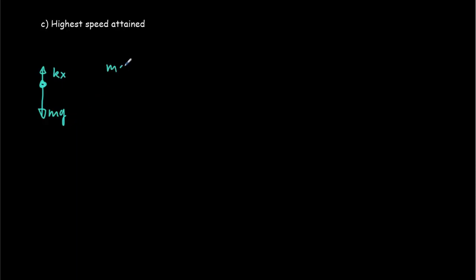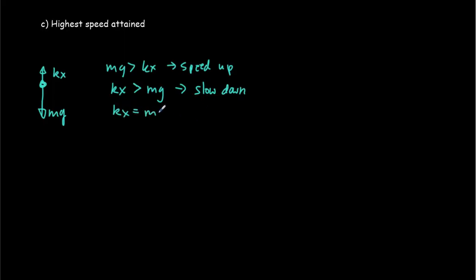Now, if mg is bigger than kx, of course you're going to speed up because there's a net downwards force. But if kx is bigger than mg, then it's going to slow down because there's a net upwards force. So the place where you get maximum speed will be when kx equals mg.